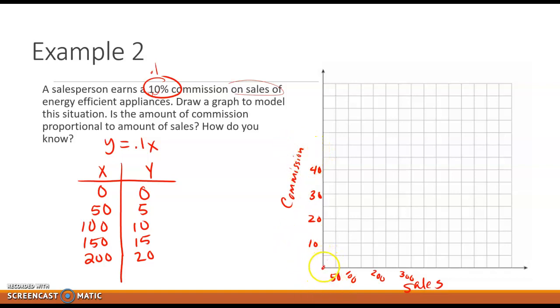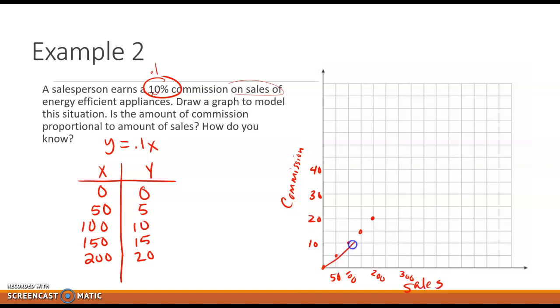I have a point at 0, 0. And when my x was 50, my y was 5. When my x was 100, my y was 10. When my x was 150, I was at 15. And when I was at 200, I was at 20. And so that's my graph.